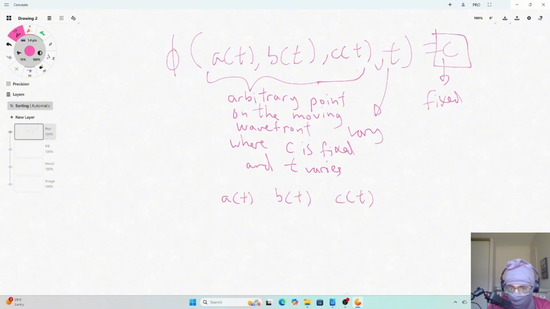To know how that arbitrary point has to vary in order to remain on that wavefront of fixed C as time varies, let's take the derivative of phi. You want d phi over dt to be equal to 0. This is a total differential.